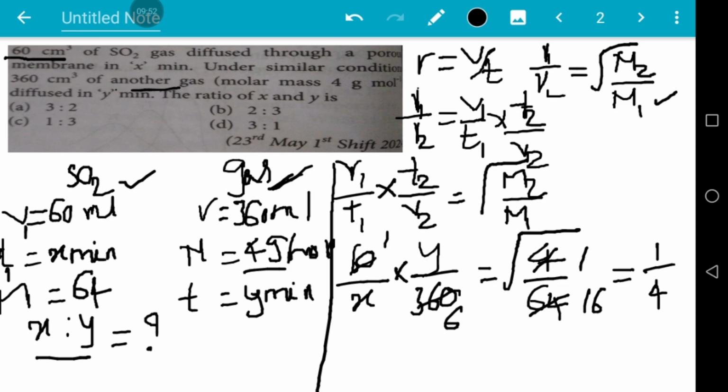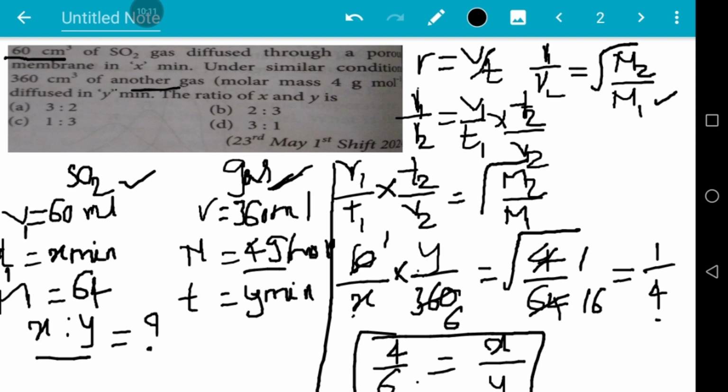So X and Y turn that side, and 4 turns this side: 4 by 6 equals X and Y turned. X is in the denominator, so it goes to the numerator, and Y is in the numerator, so it comes to the denominator. So X by Y equals 4 by 6, which is 2 by 3. So X is to Y, the ratio, is 2 is to 3. This is the second question's answer.